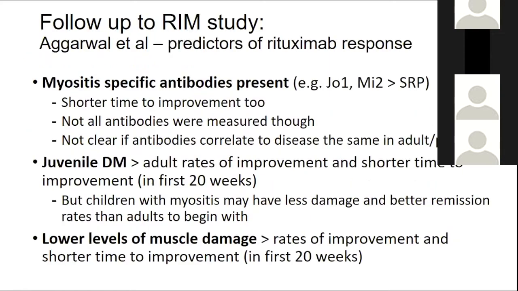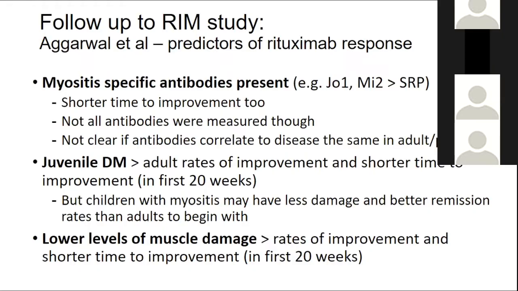make firm conclusions. There were also some follow-up studies that looked at the RIM data and analyzed it in a second way or other ways. They found that patients who had myositis antibodies improved more quickly than patients who did not have identifiable myositis antibodies when they received rituximab.